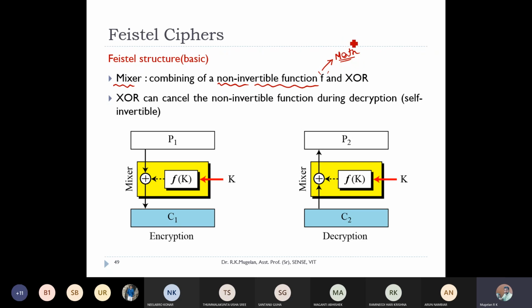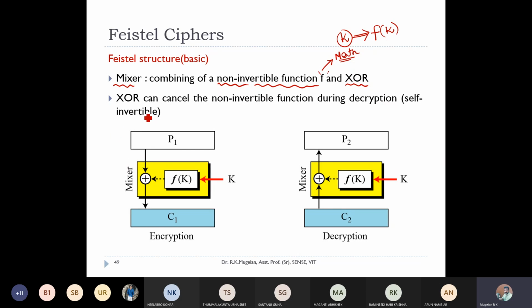That is, if you are supplying a key to this function f, it is going to perform some mathematical operation over this key, and the output is going to be XORed with the incoming input. That is the main objective of this mixer, that is the yellow box.